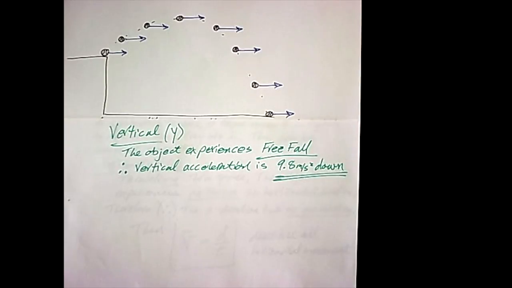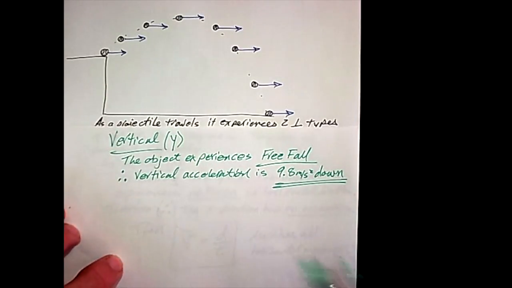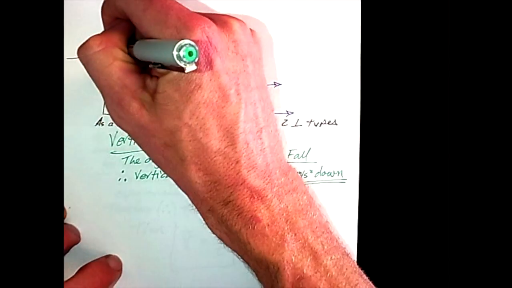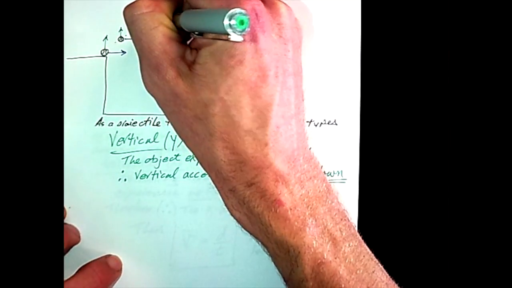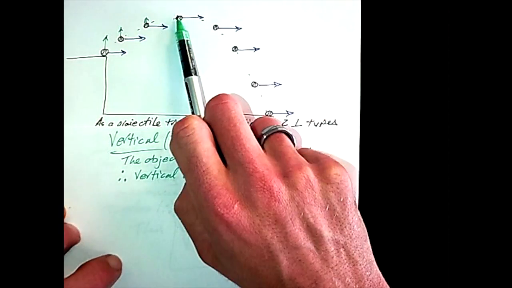So the calculations are very similar to what we've already talked about. So if we go back to our picture, this particular object was launched with some initial velocity. It went up and then came back down. And so we have an initial vertical velocity here that then slows down to 0 at the top, so I don't draw one at the top.